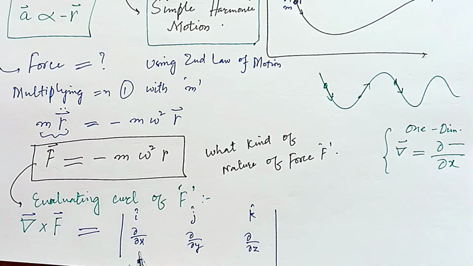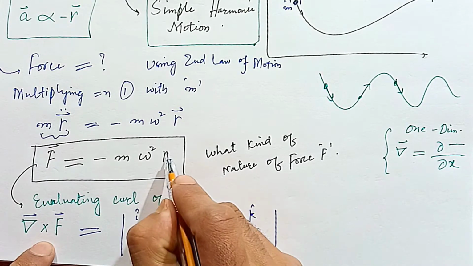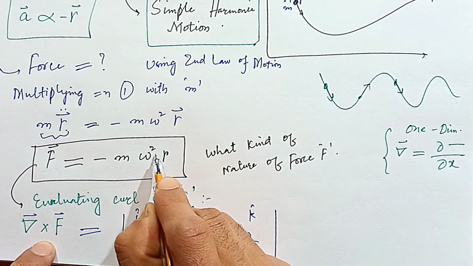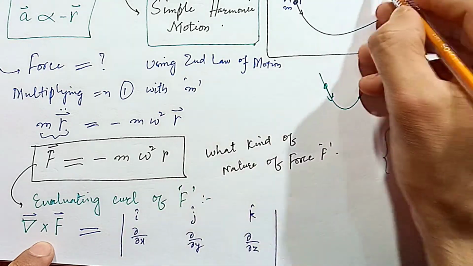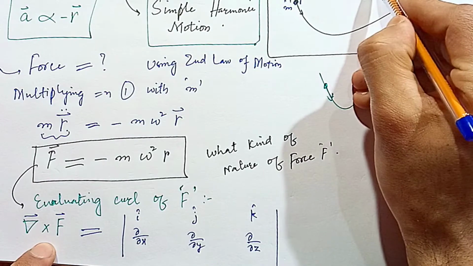What is the force component along the x-axis? We have been given minus m omega square r, and r has only two components.